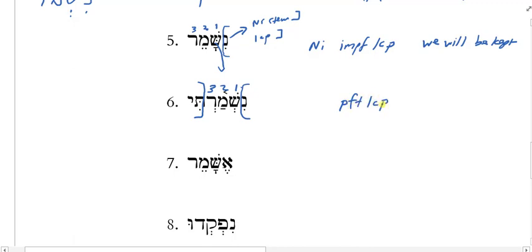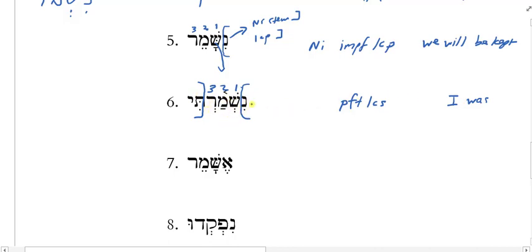So you see tav, that's always perfect 1CS. Excellent. So whatever this means, the subject is I, right? And if it's perfect, usually I was something or I did something, depending on whether it's active or passive.